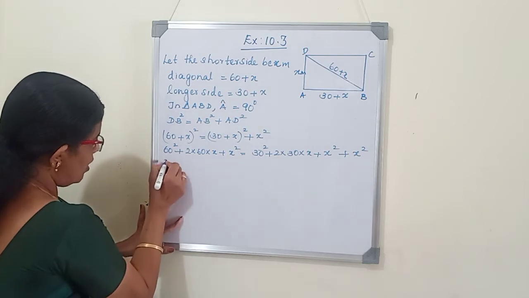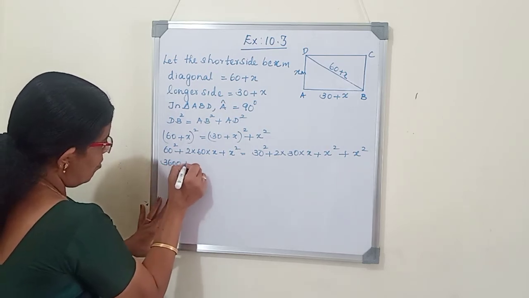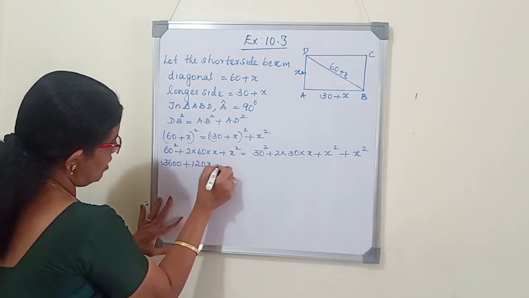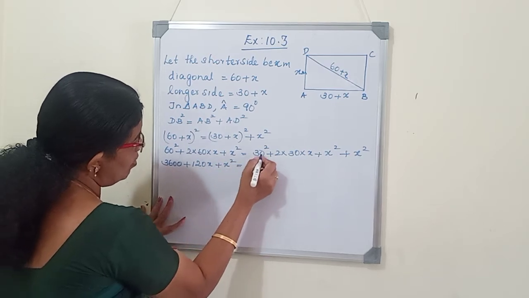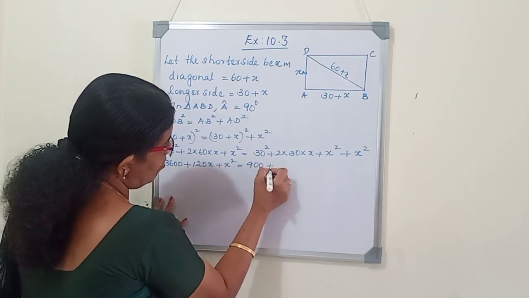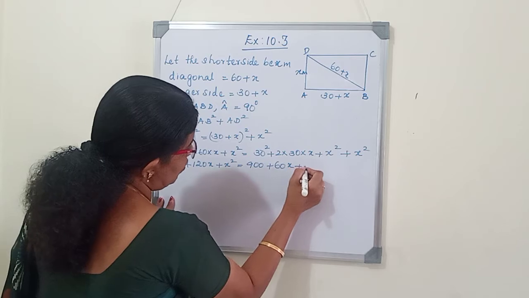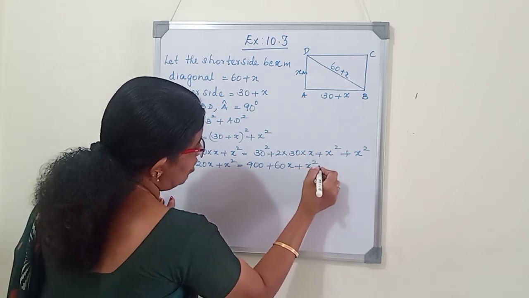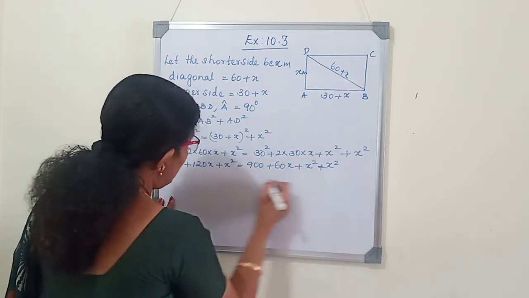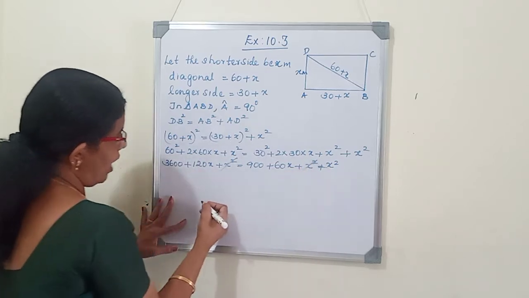So 60 square is 3600 plus 120x plus x square is equal to 30 square is 900 plus 60x plus x square plus x square. So we will get 2x square here. So on both sides one x square we will cancel.